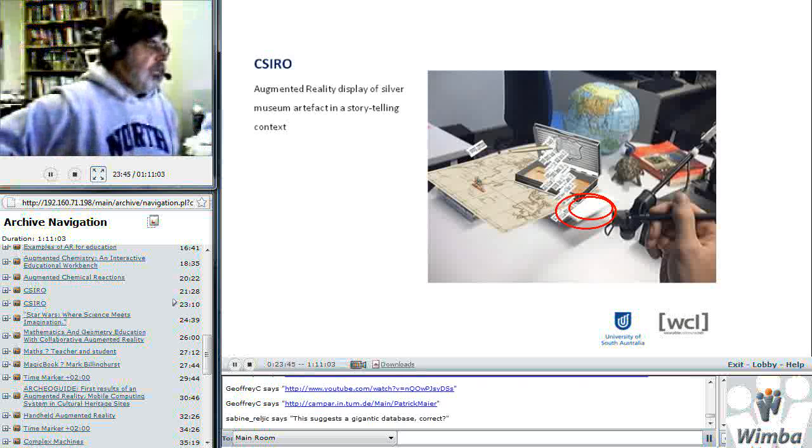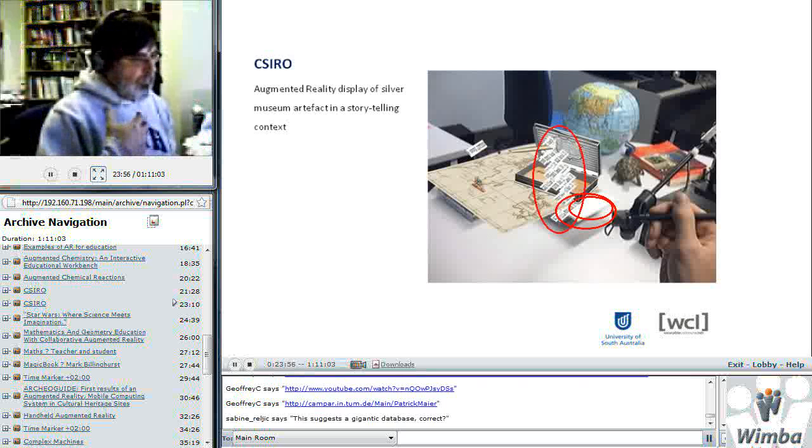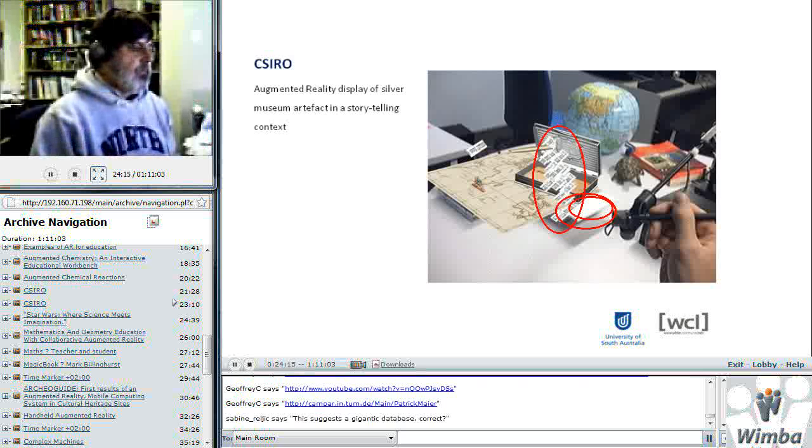I'm not real familiar with this, but in this particular case there are all these words that tumble out, and you can select these words and get more information about them. So it's a way you can drill down and interact with the piece. The nice thing about this, as opposed to a traditional museum piece, is you just put out different cards in front of the same piece of technology, and then you can get different artifacts.